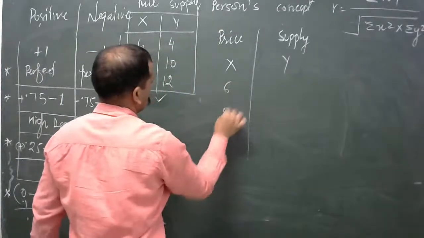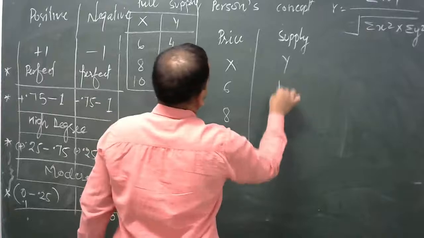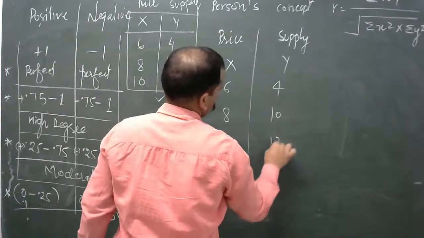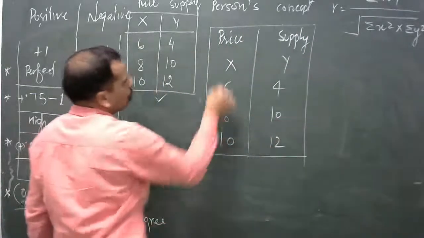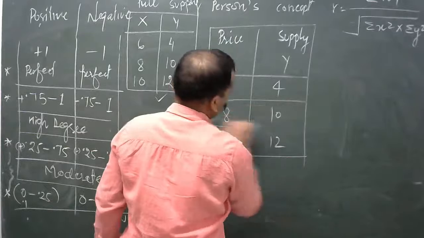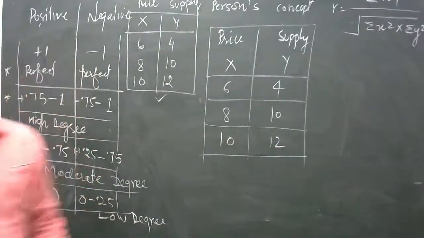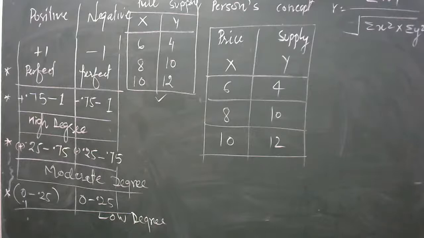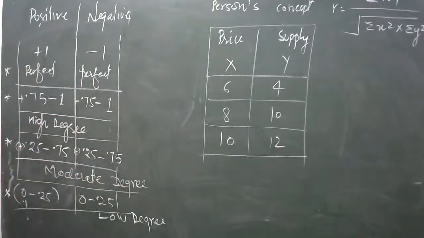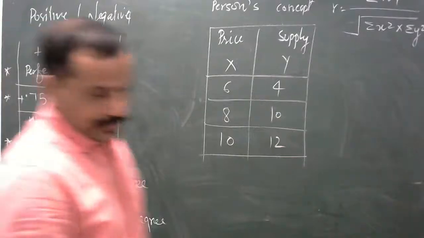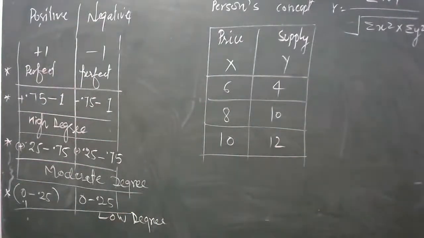You do one thing, Vivek. You may go for the shortcut method. Understand? You may take up to 1 decimal point.